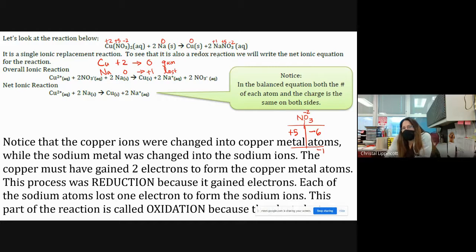So which one was oxidized and which one was reduced? Yep, OIL RIG. Oxidation is loss, so this one was the oxidized one. And reduction is gain, so this one was reduced.